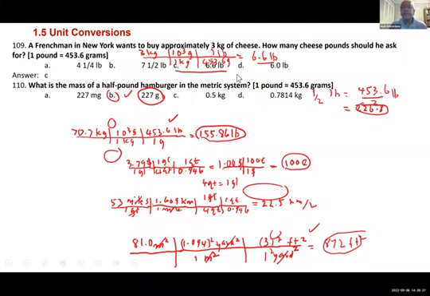If you look at this 6.6, the answer is C, right here. What is the mass of a half-pound hamburger in the metric system? 453 divided by 2 is a half pound. How many grams is that? 226 grams.